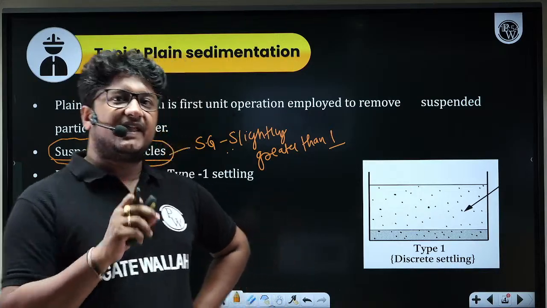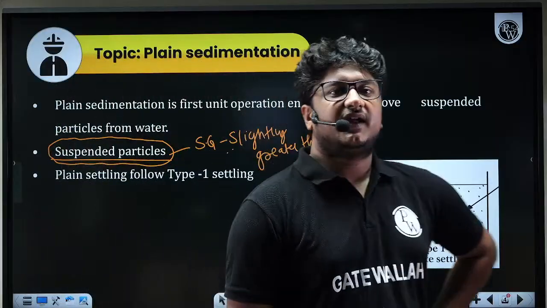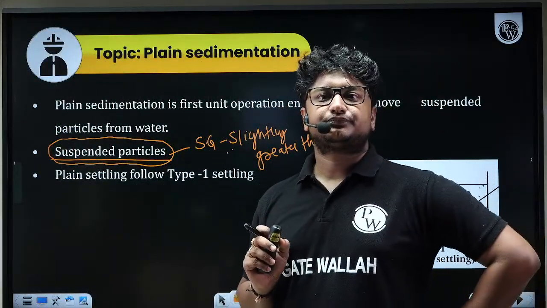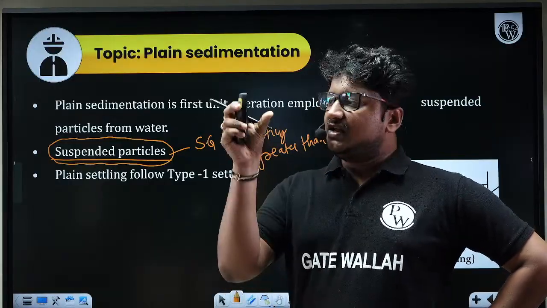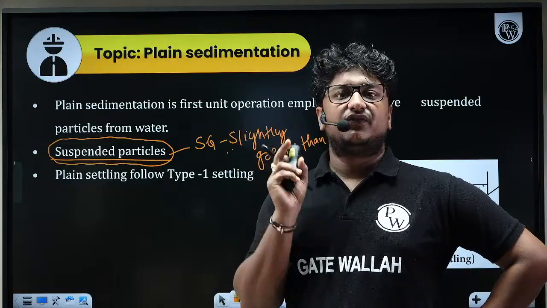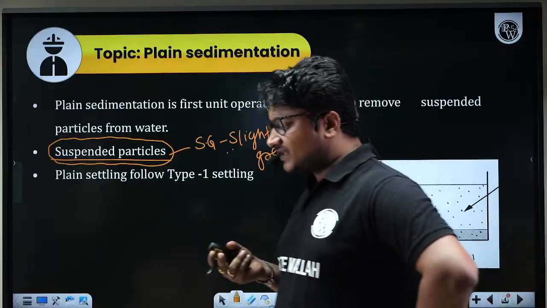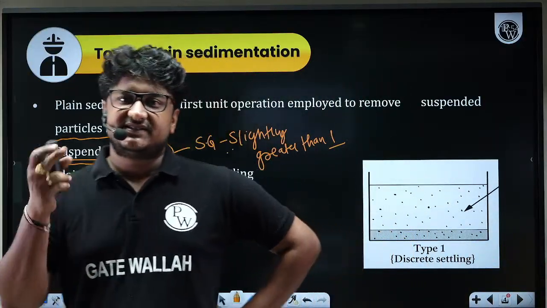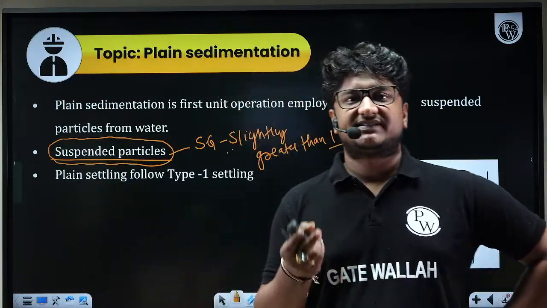Now in this plain sedimentation tank, we are providing these two things in the best possible way. We are making the flow turbulence and the flow velocity controlled. Then you will say, sir, why can't you make these things 0? You can make it. That is what the batch reactor, your batch settling unit, is.